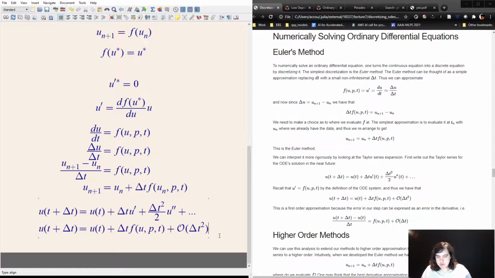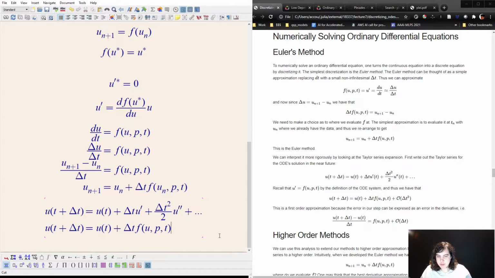And so if we drop off this error term, there you go, there's Euler's method. So this is at u of t here. And so this is a formal justification for why you might want to choose u_n.